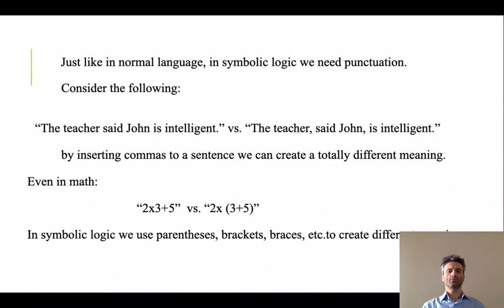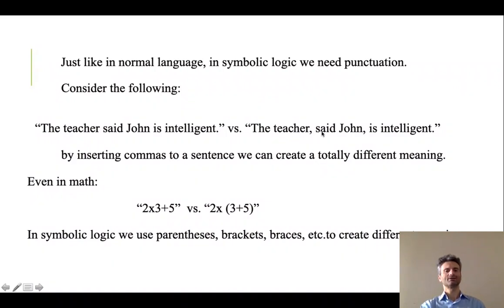So just like in normal language or in mathematics, let me give you these two examples. Look at these two sentences. The first one says, the teacher said John is intelligent. The second sentence, I added punctuation. As you can see, I have two commas.